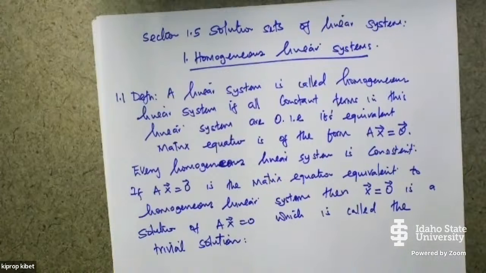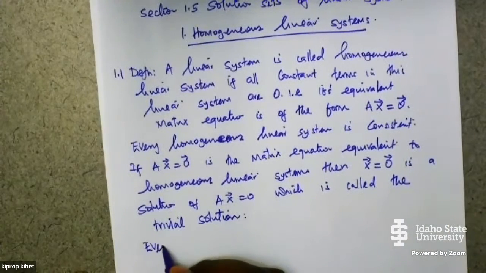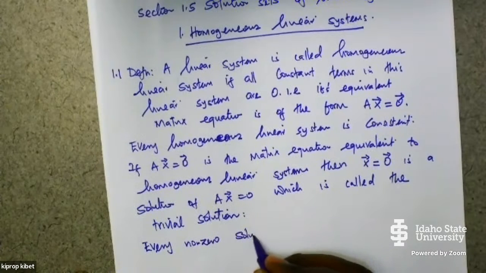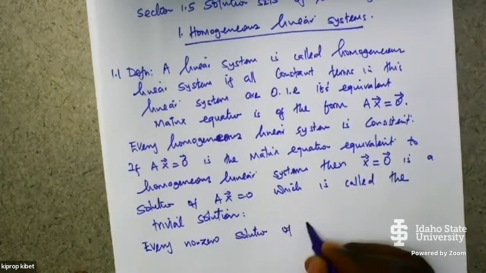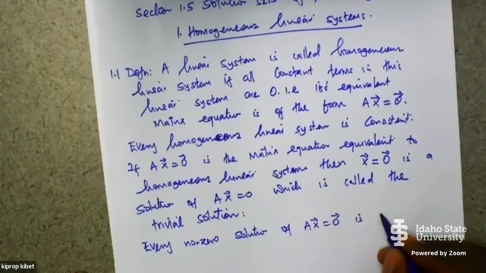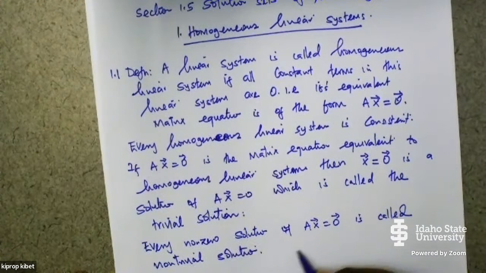Solution. Okay, another one. Every non-zero solution of AX equals 0 is called a non-trivial solution, if any.